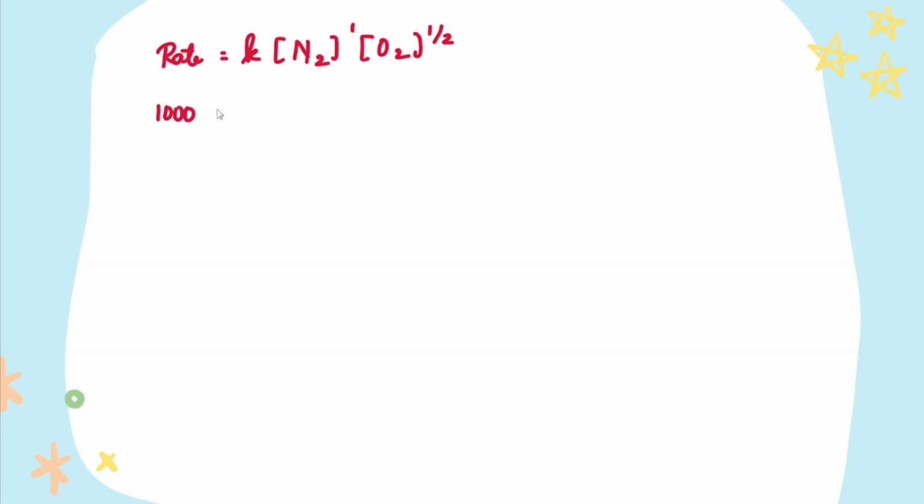To easily write the unit, we can add the unit now itself. k into 0.040 M, into 0.040 M to the power 1 by 2. Here the power is 1 only.